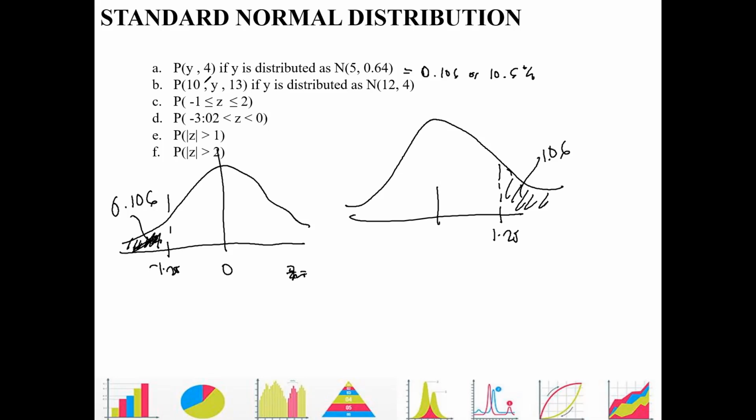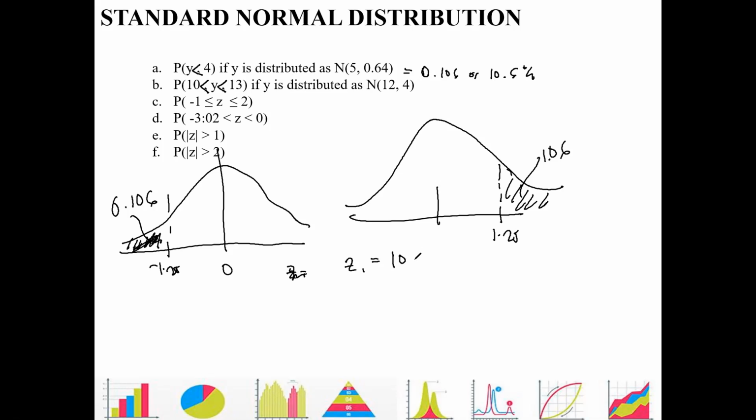Number 2 is yung Y daw natin is greater than 10 but less than 13. So we will try to standardize muna itong part na to. So yung Z1 natin is yung gagamitin muna natin is yung 10.